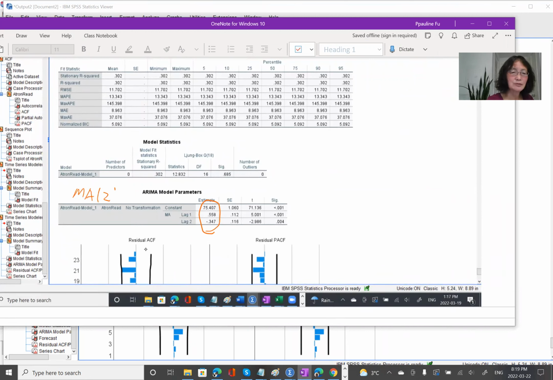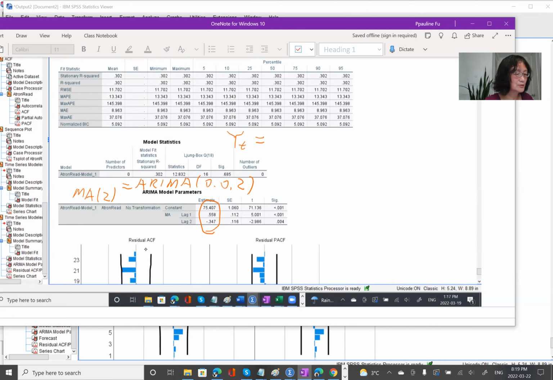It is MA2. MA2 is the same as ARIMA 0,0,2. So what is the general format for MA2? Remember, I write this many times. I don't mind writing it again.